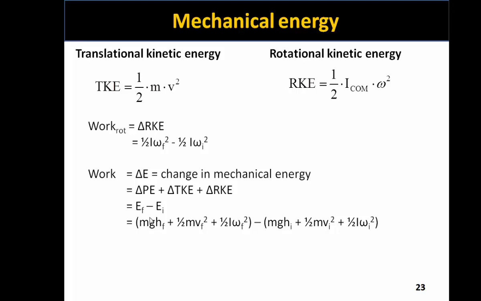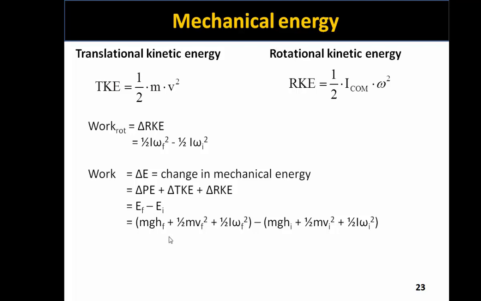And re-expressing this equation, expanding it to the definition of each of these three variables, we have mgh, which is our equation for potential energy of an object in its final position. That's going to be added to 1/2 times the mass of the object times its linear velocity squared in its final state, plus 1/2 of the moment of inertia times the angular velocity in its final state squared.